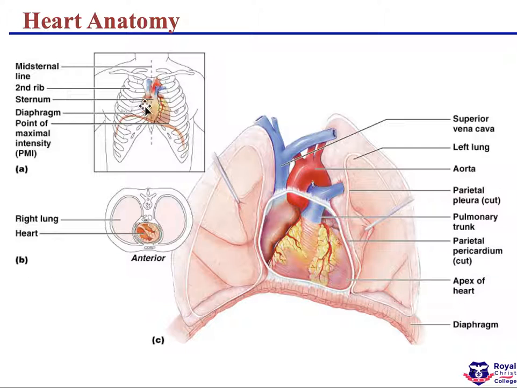So again, it is in front of the vertebral column but behind the sternum. You also have the diaphragm, the apex of the heart, the left and right lung, and all the branches and valves that come off it, which we'll go into in a bit more detail. And there's a CT scan of what you're looking at.